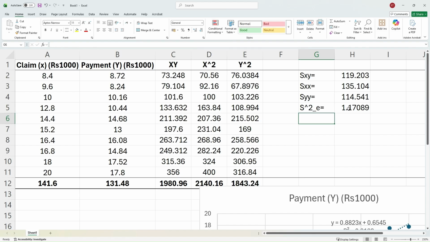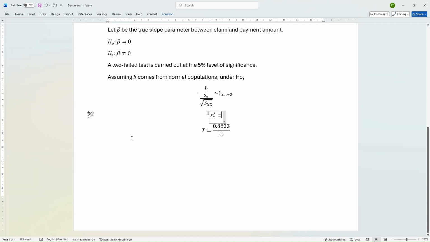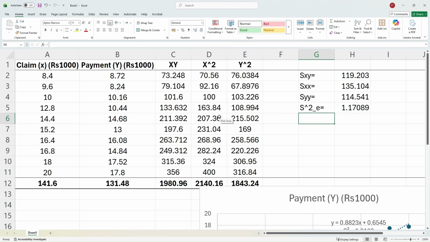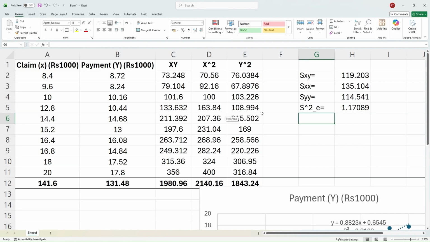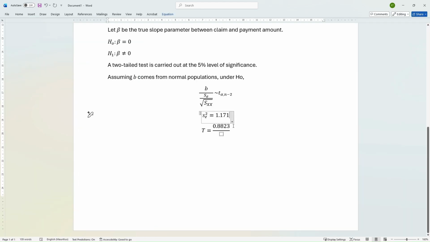Now our next step is to go back here and obtain that, as I said, 1.171, which is the sum of squares, but the standard error of the residuals. So what are we going to do?